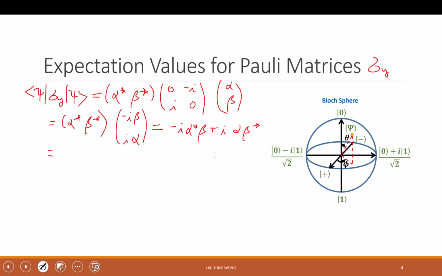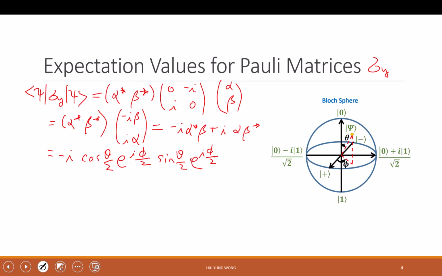And now I'm going to put in their values. So this equals negative i times, what is alpha star? Cosine theta divided by 2, e to the power i phi divided by 2. It was e to the power negative i phi divided by 2, but because I have star, it becomes e to the power i phi divided by 2. And beta is sine theta divided by 2, e to the power i phi divided by 2, because it's beta, not beta star.